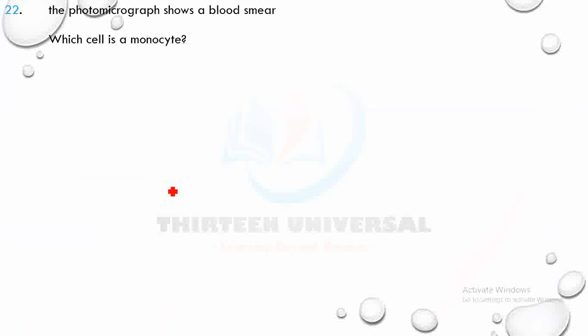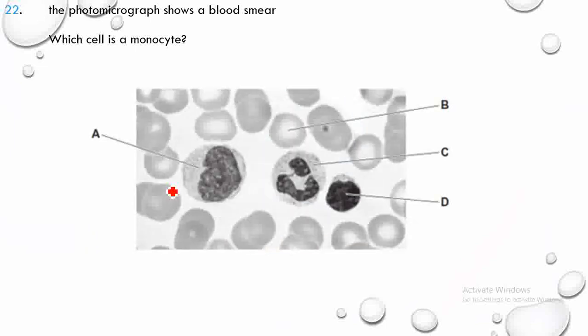The photomicrograph shows a blood smear. Which cell is a monocyte? Pause the video and check it. Which one is a monocyte? A monocyte is the precursor of a macrophage. So A is the monocyte. How do I know? It's a large cell with a kidney-shaped nucleus.